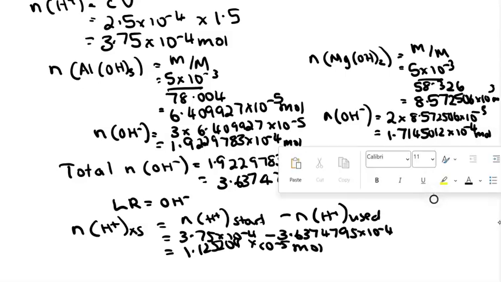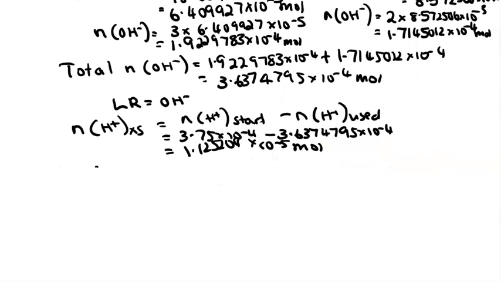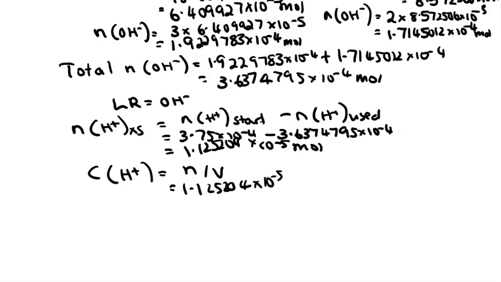Now this is moles, so we have to find concentration. So the concentration of hydrogen ions comes out to 7.50 by 10 to the negative 6 molar.